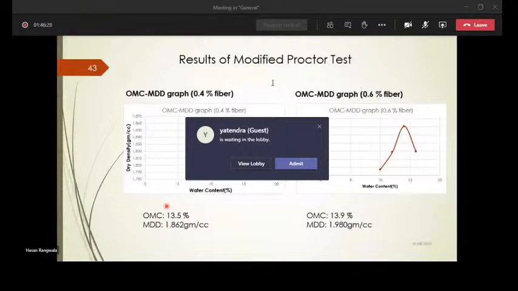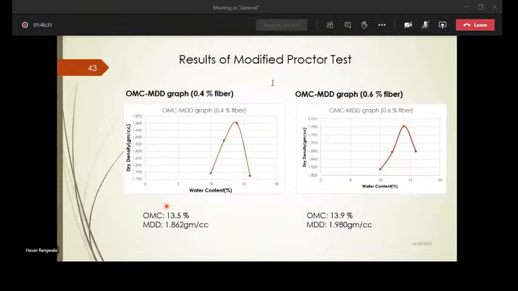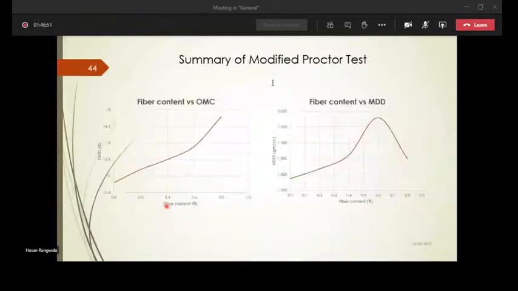If you see these two, with increase of the fiber we have an increase in the MDD, while the OMC is quite similar for both 0.2 and 0.6% of fiber. But with 0.8% fiber, my OMC as well as MDD show quite different behavior.